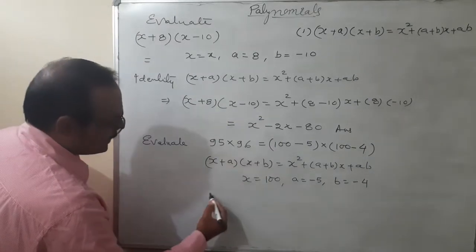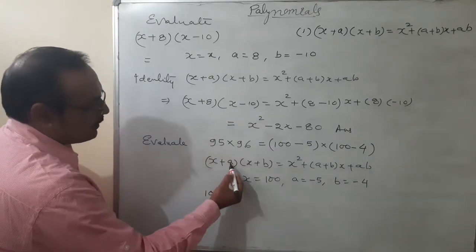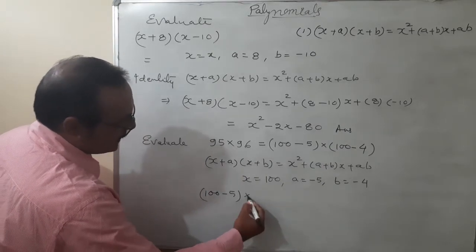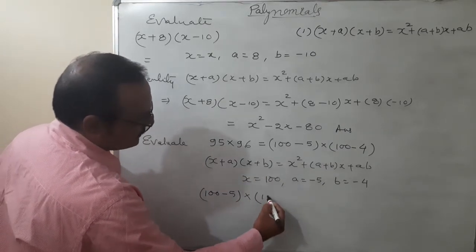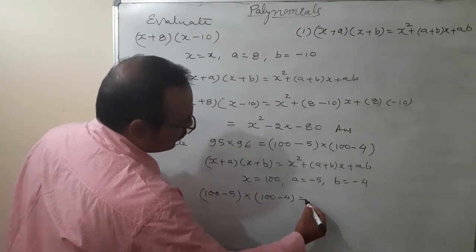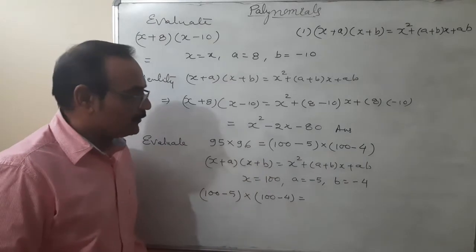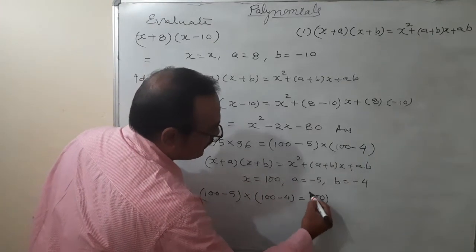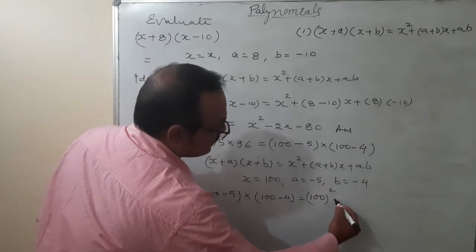So it is coming 100 plus a, that means minus 5, multiplied by 100 plus b, minus 4, is equal to x square. The value of x is 100, so 100 square, plus sign.